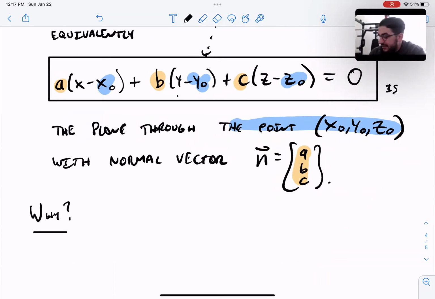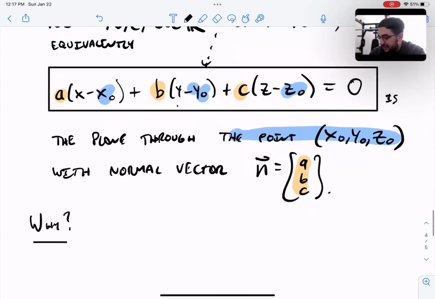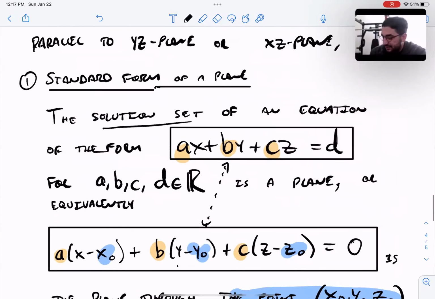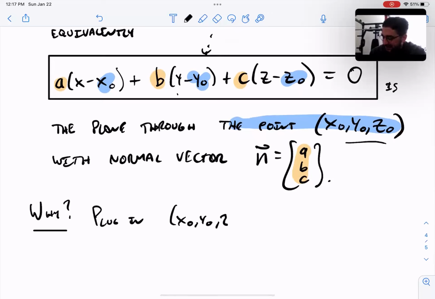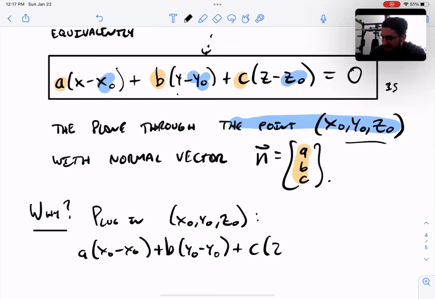Well, to see that this point is on the plane, that's not too bad. We said that it's a solution set, right? Pretty clearly this point is a solution to that equation, because if you plug in the point x naught, y naught, z naught to that equation, you get a times x naught minus x naught plus b times y naught minus y naught plus c times z naught minus z naught, which gives you 0 plus 0 plus 0 is 0, right?